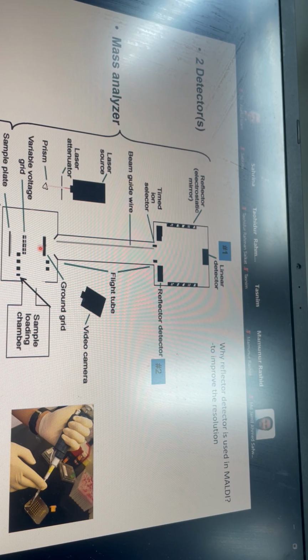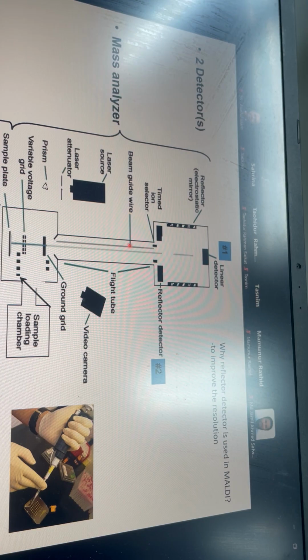Then you collect all the ions, and this is your time of flight tube. The ions start running through the tube and reach the linear detector, which measures the mass. Small molecules run faster, heavier molecules run slower, so from their velocity and kinetic energy, you can measure the mass.